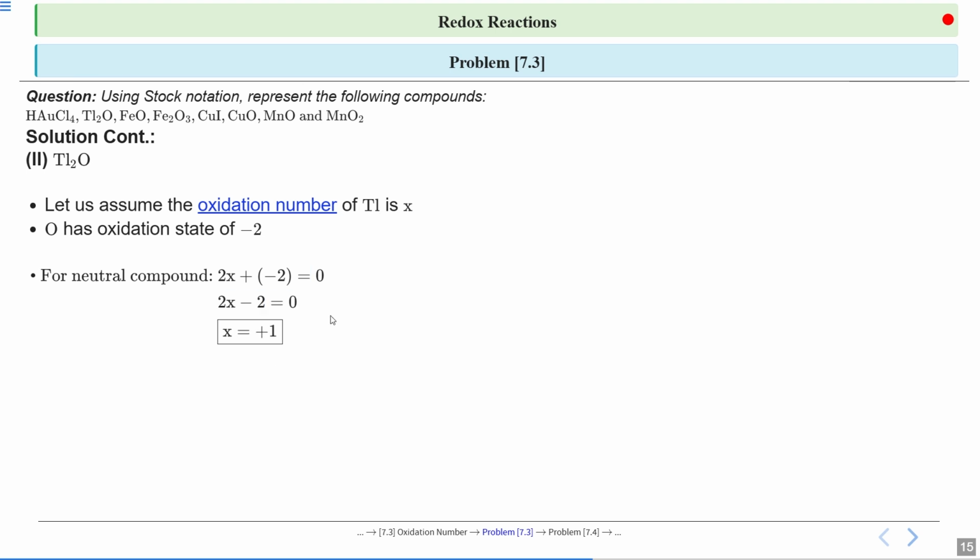So 2x minus 2 equals 0, then x would be +1. Therefore, Tl2O can be represented as Tl2(I)O.